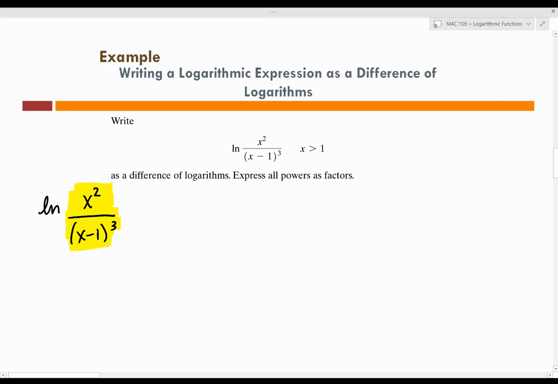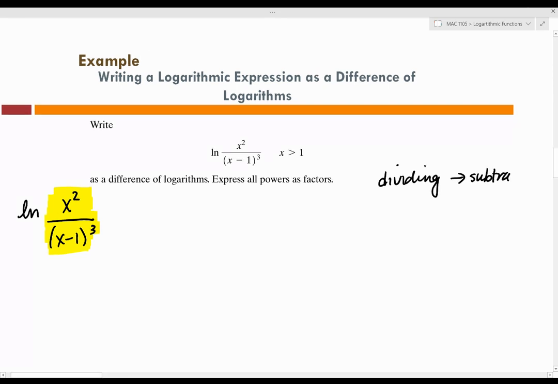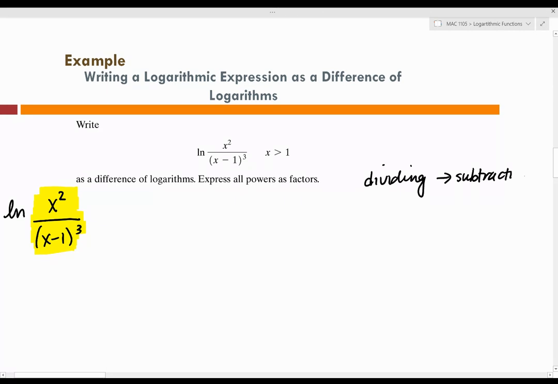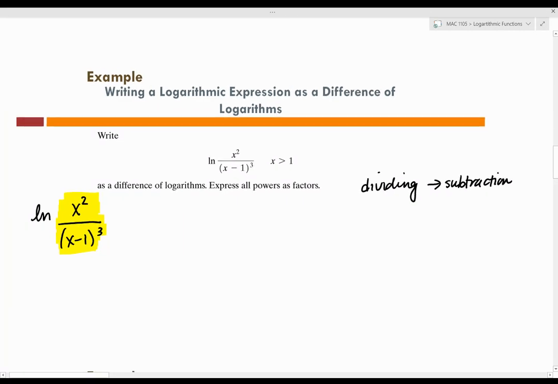Anytime that you are dividing logs, dividing can be expanded by using subtraction. That subtraction is going to occur where the division happens, and you're always going to do it numerator divided by denominator. So this is going to equal the natural log of x squared, instead of dividing, subtract the natural log of (x minus 1) cubed.